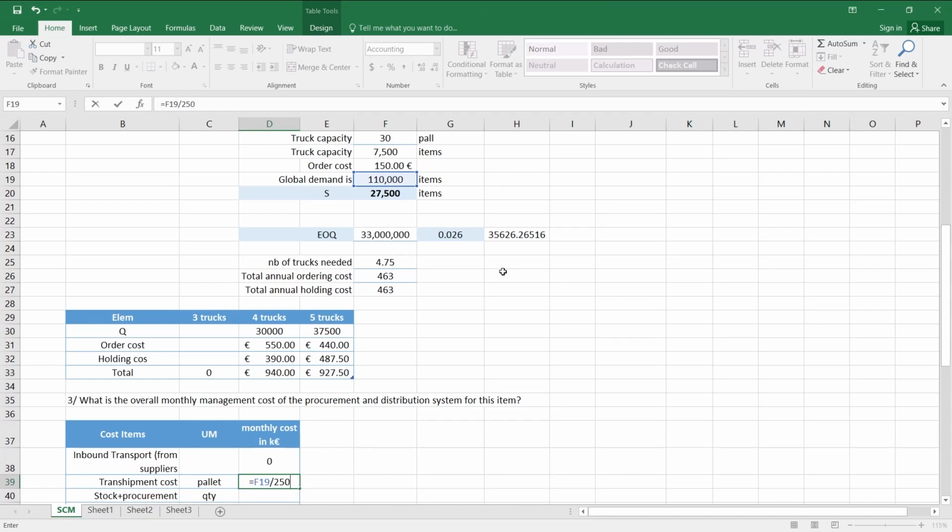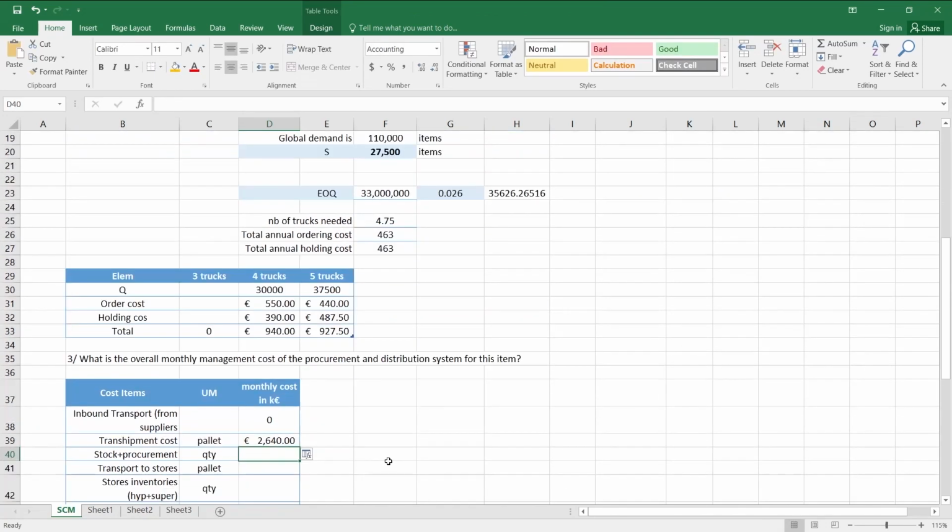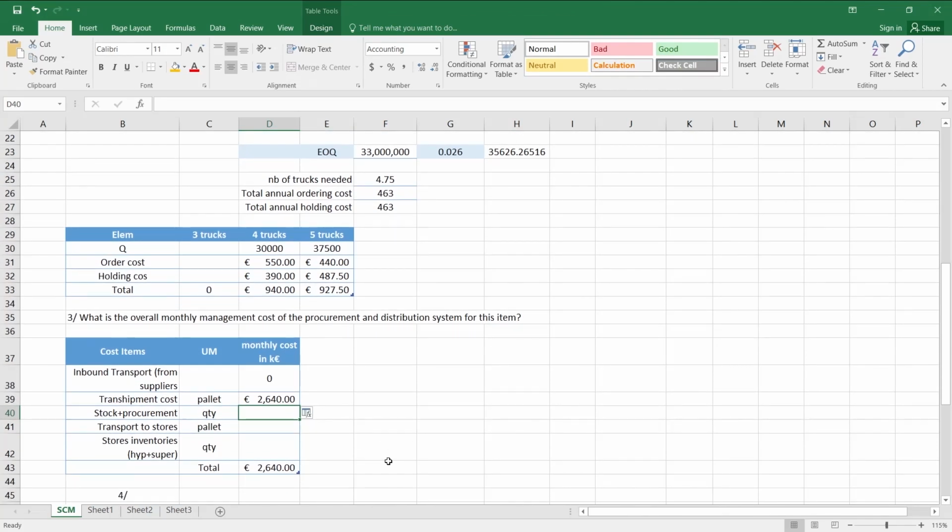So we are going to divide 110,000 items by 250. We are going to put this in brackets just to make the calculations more reliable, and then we are going to multiply it by the 6 euro related to the transshipment cost, and that will give us 2,640.